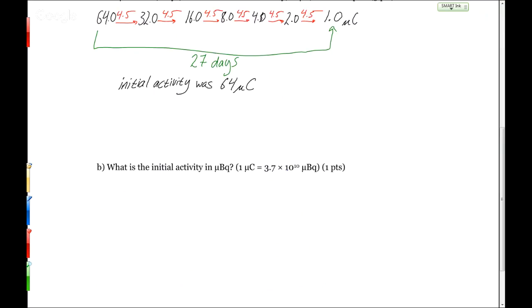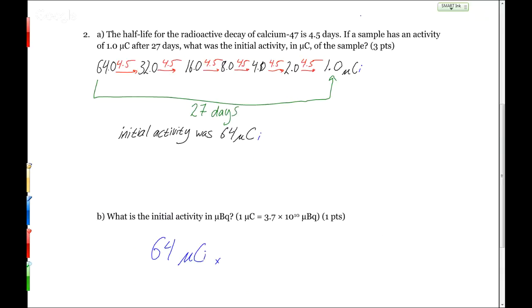Okay. And then converting that to microbecquerels, this is just a regular conversion question. So 64 microcuries. Oops. Curies is Ci, not C. Oh, I got that wrong in the question too. Sorry.